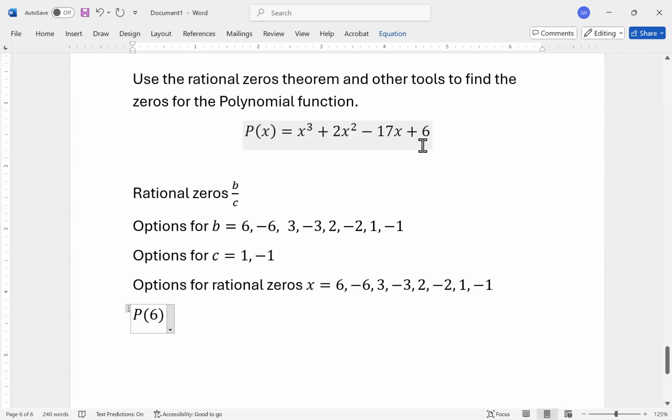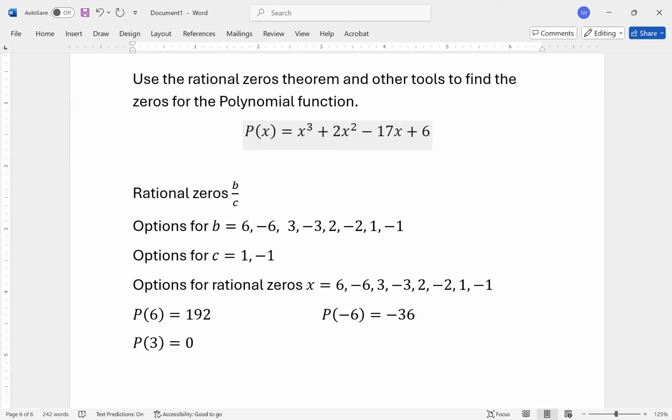When I plugged in 6, I got 192. When I plugged in negative 6, I got negative 36. When I plugged in 3, I got a 0.